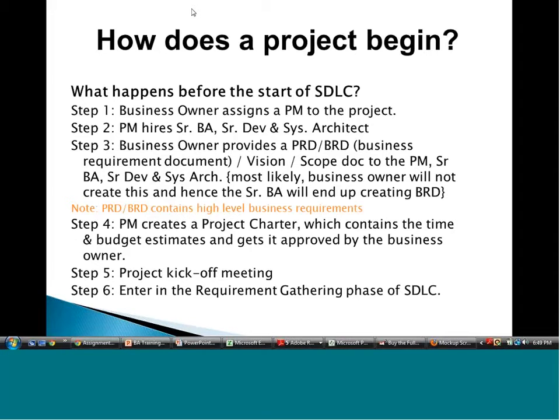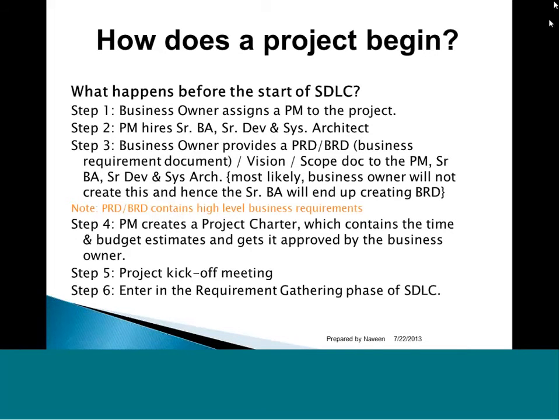Anyway, now that we know the various phases of a project and we also know what happens in each of these phases, let's go ahead and quickly understand what happens before a project begins or how a project would begin.